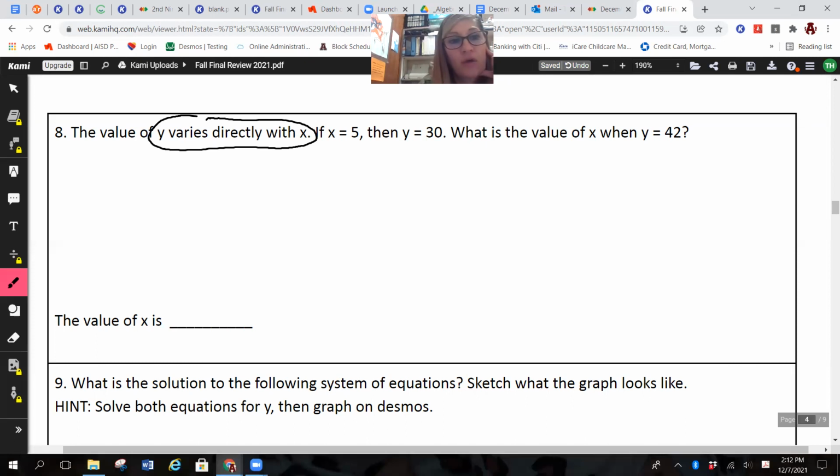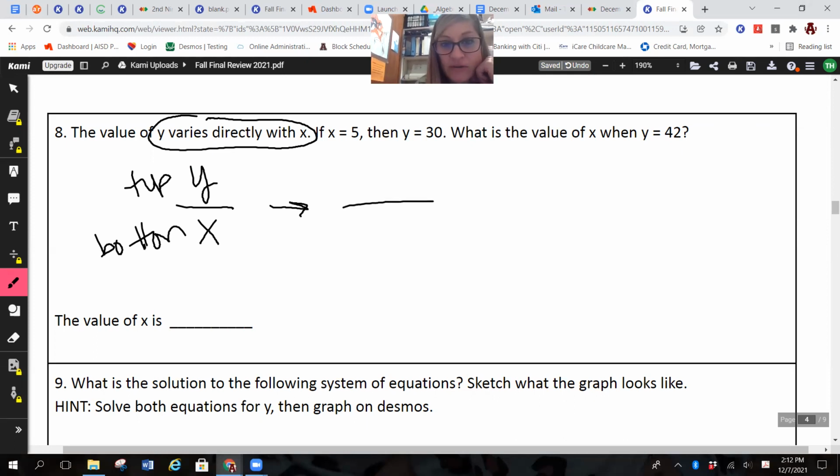Varies directly, write it as a fraction. Remember x is on the bottom, y is on the top. So if x equals 5, we'll put 5 on the bottom. Then y is 30. I'll put 30 on the top.